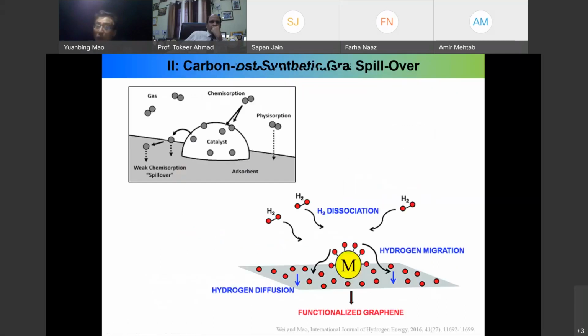So with that, we've been thinking about whether there is a way we can store hydrogen at least at room temperature and ambient pressure, or maybe a little bit of pressure. There is one quite unique way. It's called spillover. So basically, it's a chemisorption process, right?